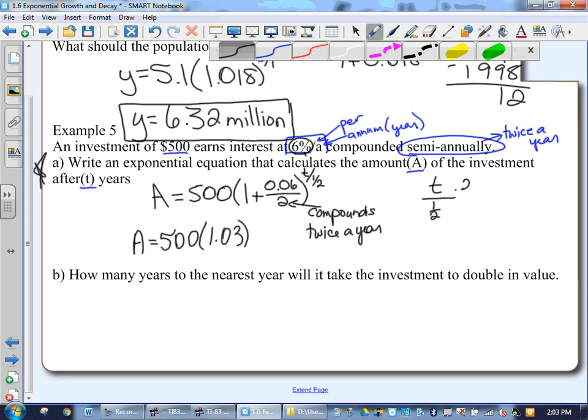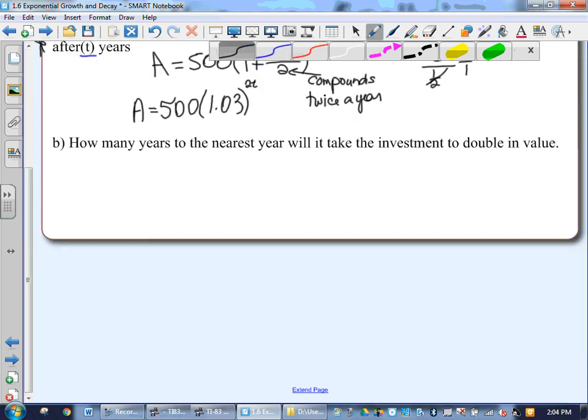Then it says, how many years to the nearest year will it take the investment to double? Well, if it doubles and started at 500, then it's going to go all the way to 1,000. So 1,000 is equal to 500 times 1.03 to the power of 2t. To solve for t, let's go algebraically on this one.